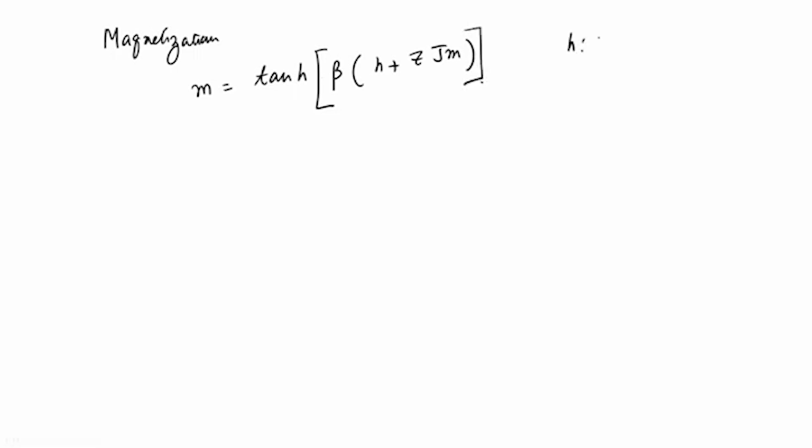We will write down the magnetization, and this magnetization has this form. m is equal to tanh of beta times the bracket h plus z J m, and this h is the external field, z is the coordination number, which means that in fact the dimensionality really enters through this number.